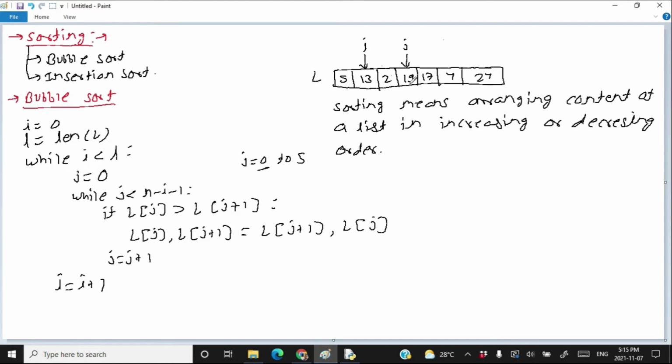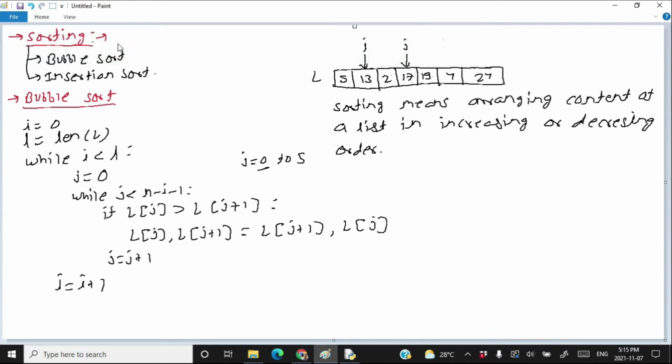Now again you check if Lj is greater than Lj plus 1 or not. Yes, it is. So again swap these two values, 19 and 17. The values got swapped.